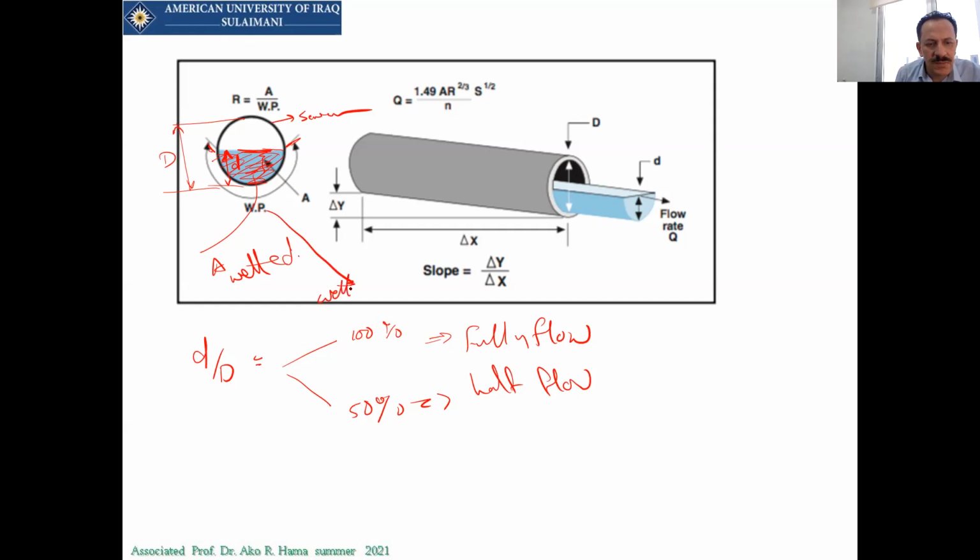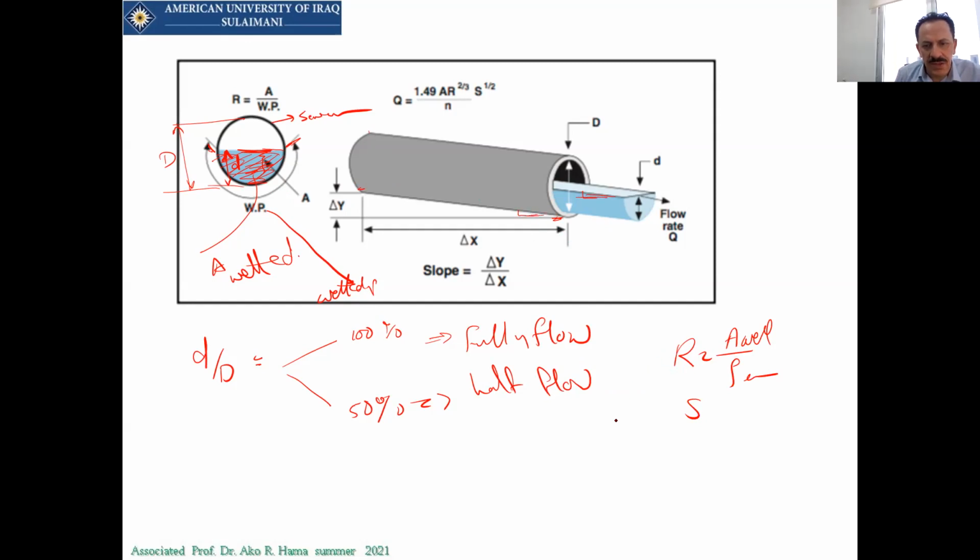This is called the wetted perimeter. Now, the hydraulic radius is the area divided by the wetted perimeter. And S is the slope. The slope, I mean how steep this sewer is. So the slope of this line should usually be equal to the slope of the hydraulic line.